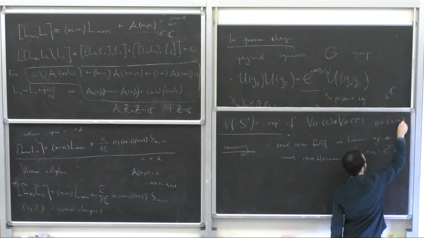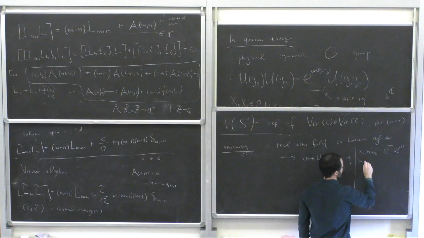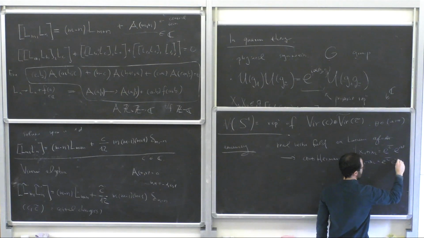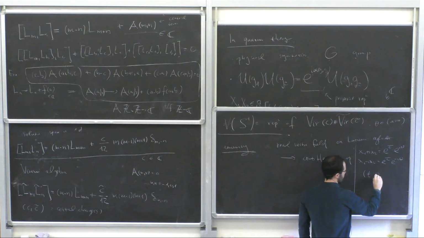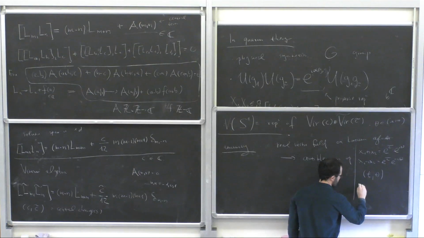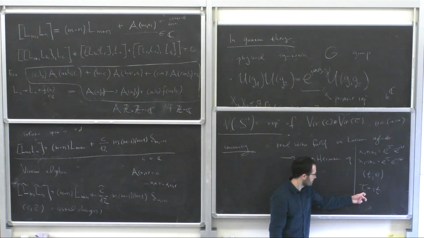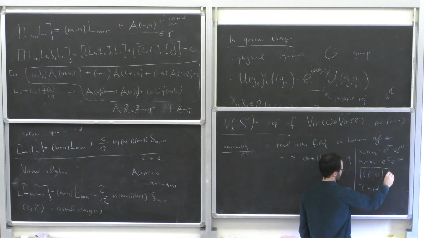Tau is the Euclidean time. And the Lorentzian cylinder is the pair of points (t, theta), where we only continue from the Euclidean tau to Lorentzian tau. So this is the Lorentzian cylinder.